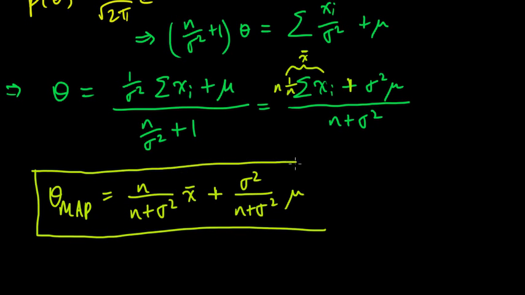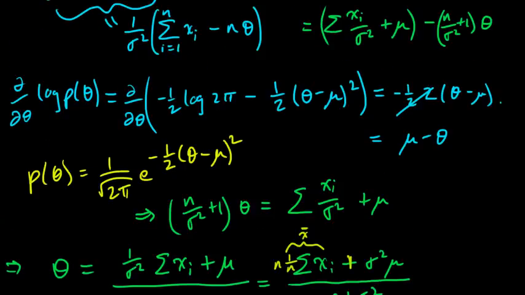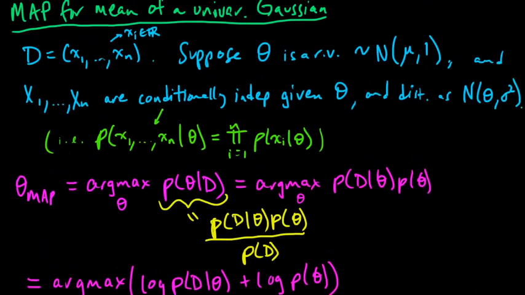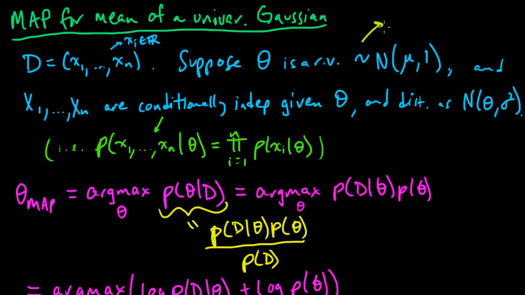We got the MAP. This is the maximum a posteriori estimate for theta, for the mean of a univariate Gaussian. You saw that it was not too much harder than computing the MLE. We just had to differentiate with respect to the prior distribution on theta. That's what this p of theta is, called a prior distribution on theta.